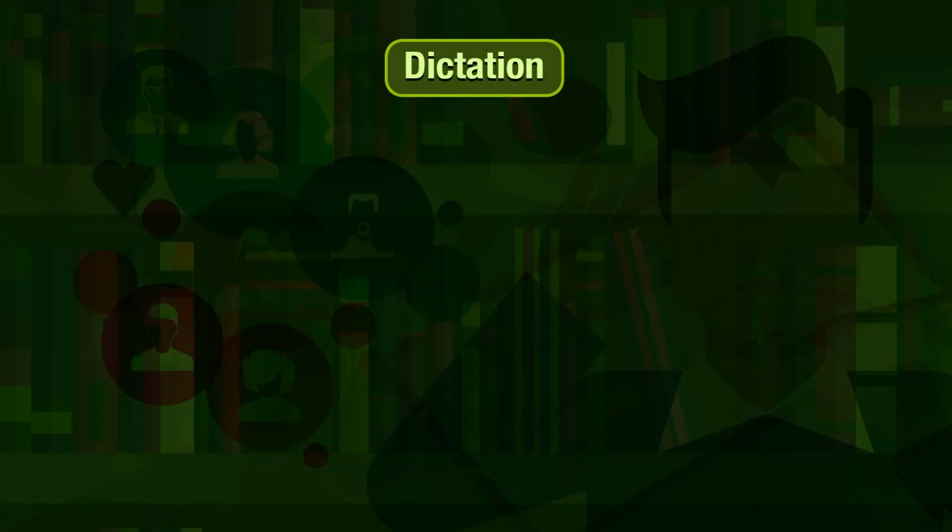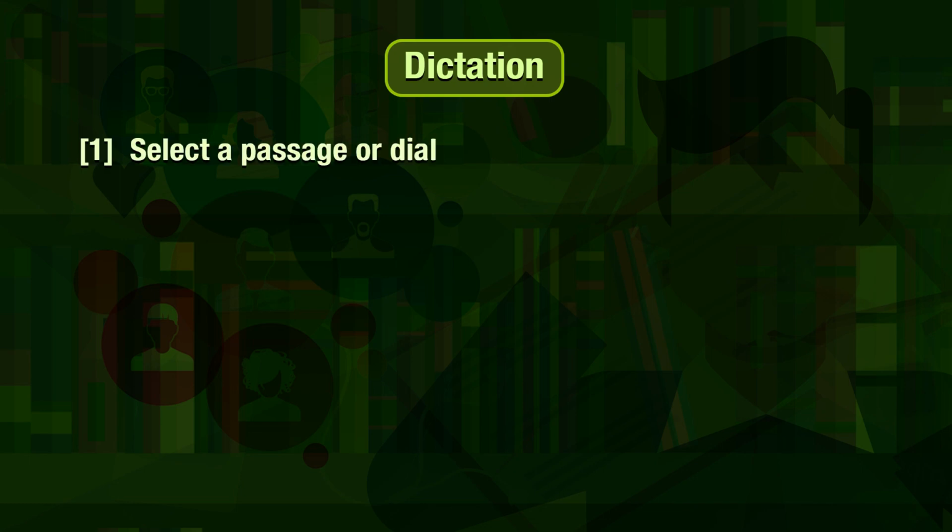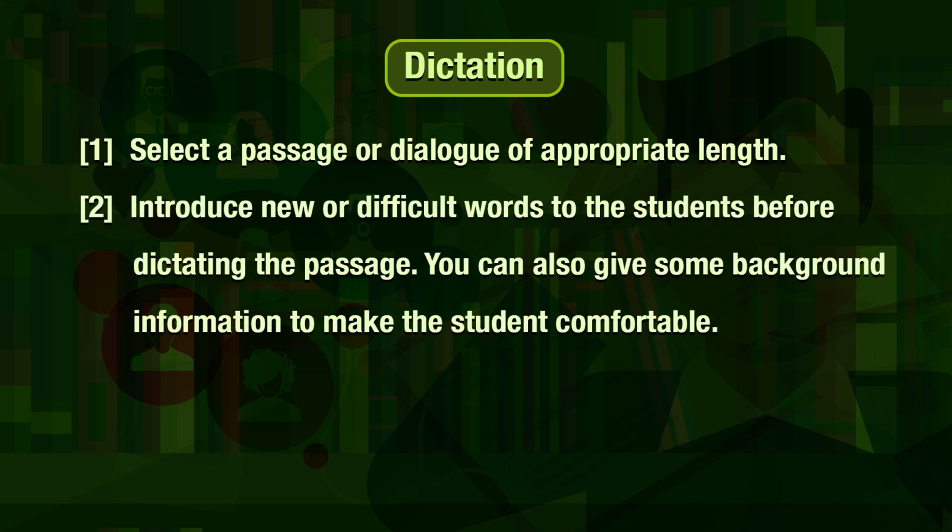There are several stages or steps. First, select a passage or dialogue of appropriate length. Second, introduce new or difficult words to the students before dictating the passage. You can also give some background information to make the student comfortable.